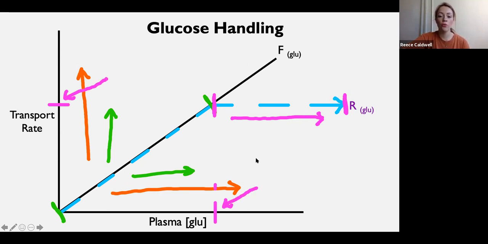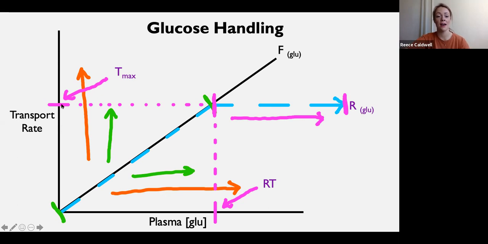There are 2 very important points that we can add with this plateau. The first is the Tmax. That is the maximum transport rate for glucose reabsorption. Then we have the renal threshold, which is the plasma concentration at which Tmax occurs.